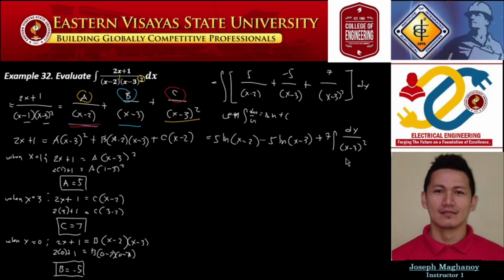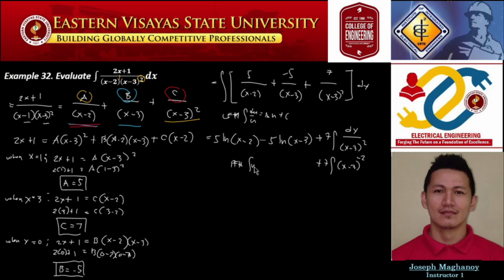Or we can rewrite this to a different form, that is 7 integral of x minus 3 raised to negative 2. Since it's from the denominator, we put it in the numerator, and the power becomes negative. Here we can apply our power formula. What is our power formula?